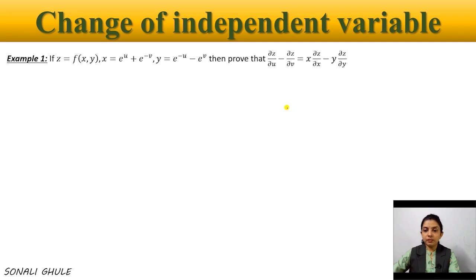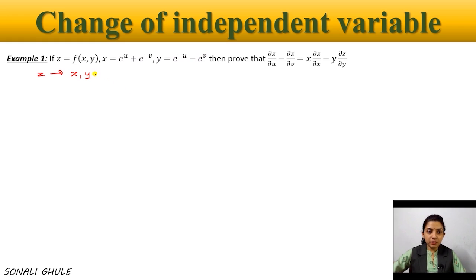Now, let's solve an example on this. This is our first example, where z is a function of x, y. And also you are given x is equal to e to the power u plus e to the power minus v, y is equal to e to the power minus u minus e to the power v.